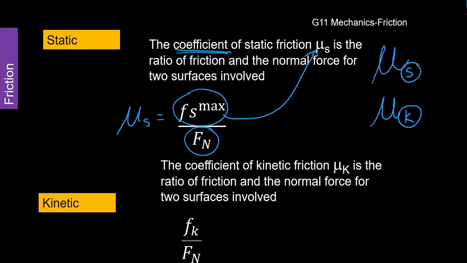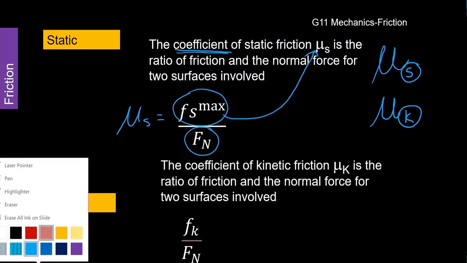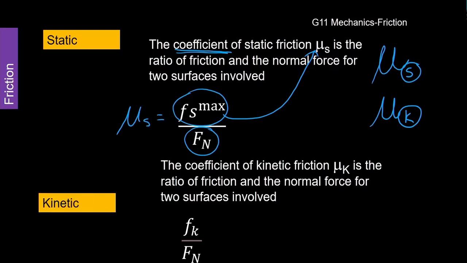We can rewrite this equation, and I'm going to do that in a different color so we can see it. We can rewrite it as the maximum static friction equals mu S, or the coefficient of static friction, times the normal force. Okay, so there's that equation that we're going to use.